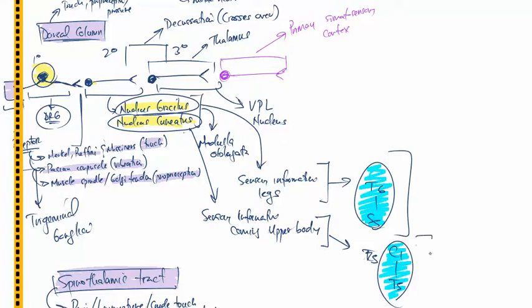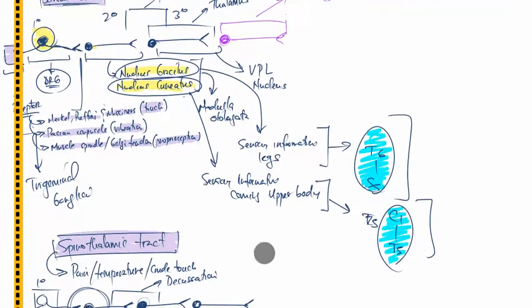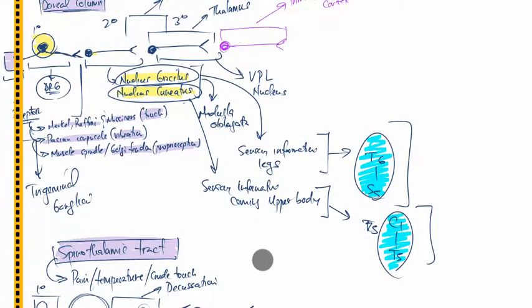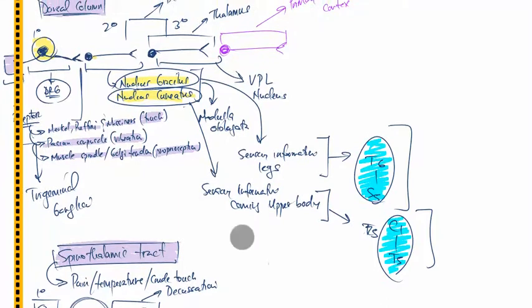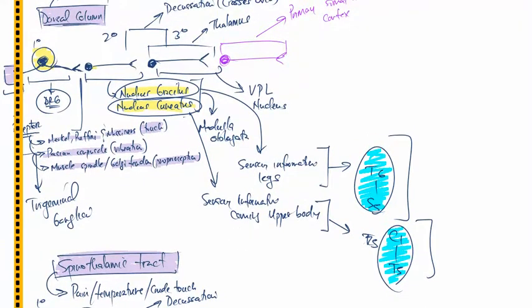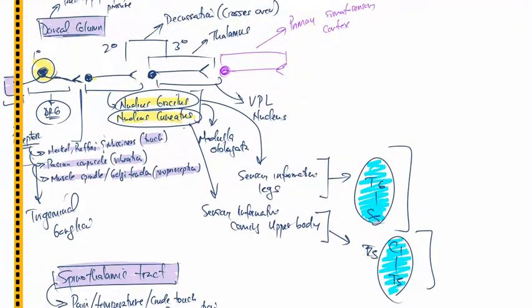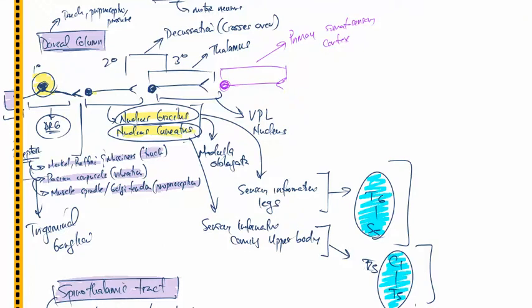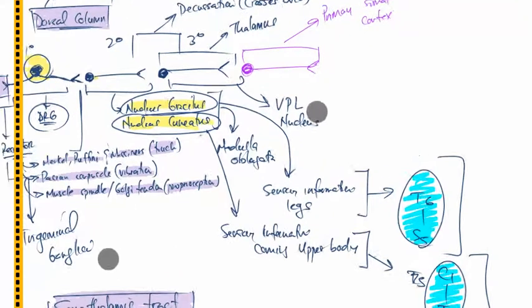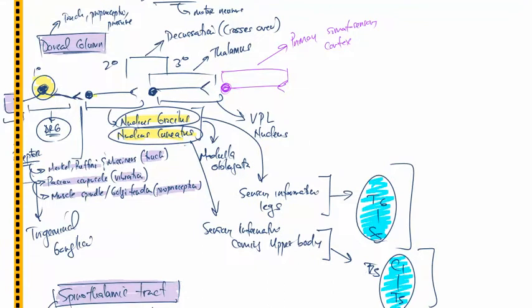If you're coming from C1 to T5, you're synapsing in the nucleus cuneatus, right? But both of them are going to move up, decussate, move to the thalamus and synapse in the thalamus. And then from the thalamus, they send off axons and synapse in the primary somatosensory cortex.